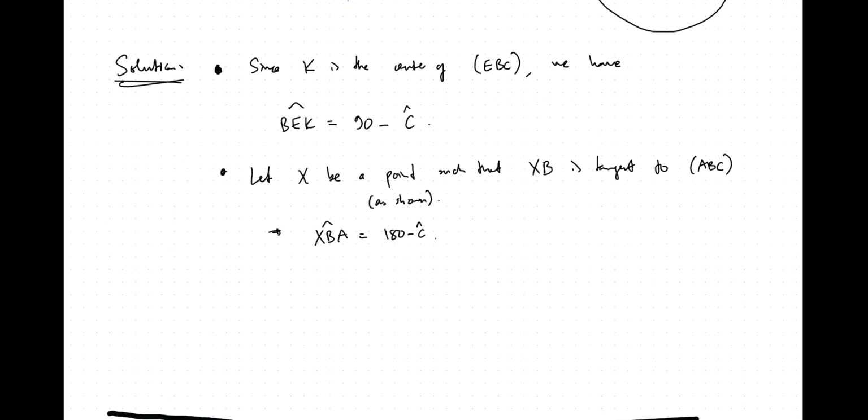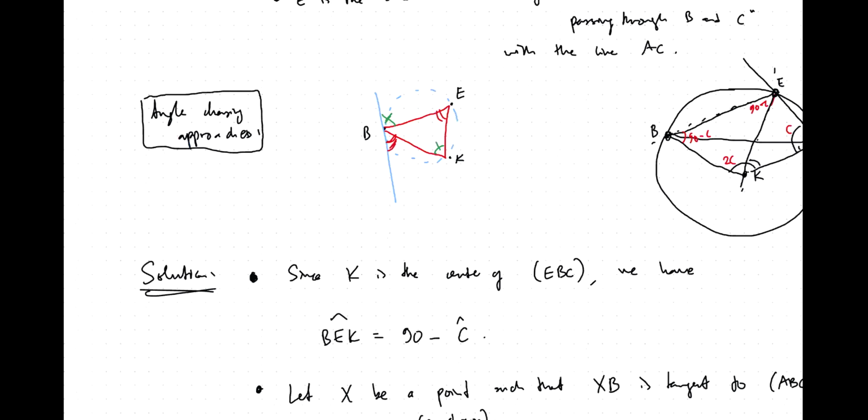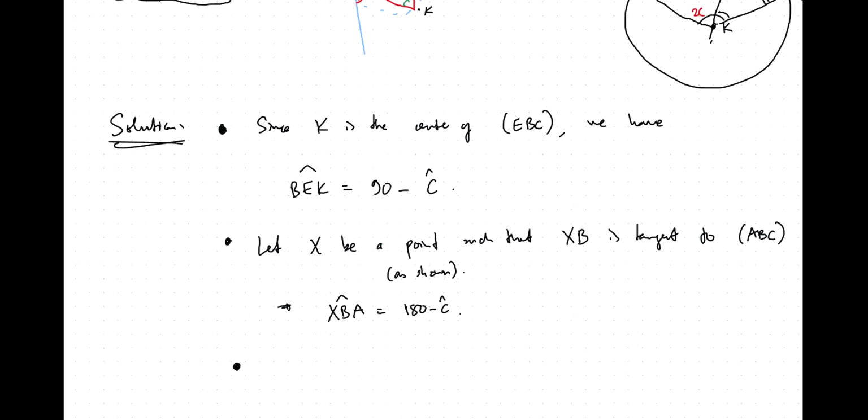So the next thing we would do is to look at the angle ABK is 90. So this we know.